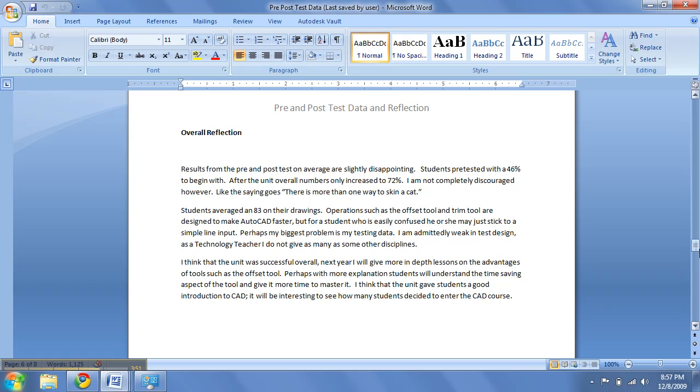Students averaged 83 on their drawings overall in class. Operations such as the offset tool and trim tool are special, and they're not necessarily needed at all points. But they do make AutoCAD faster. So in the future I'm going to talk more about how those types of tools will help them do their drawings faster than any other way.